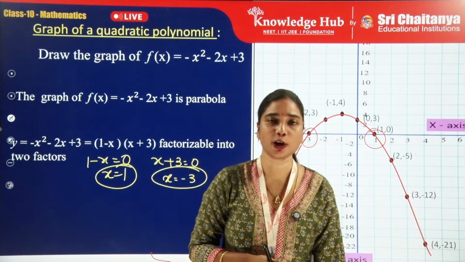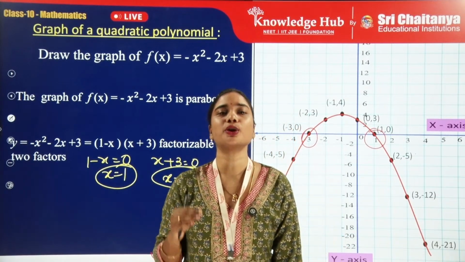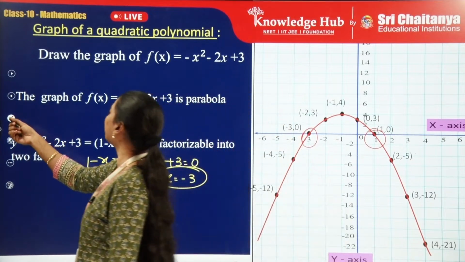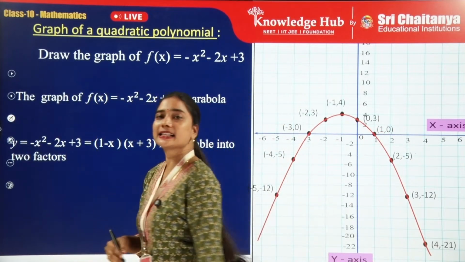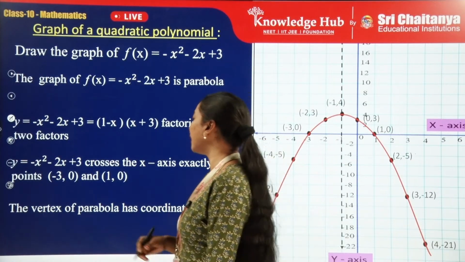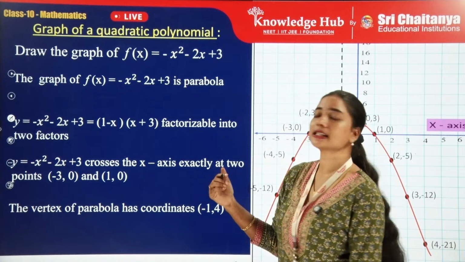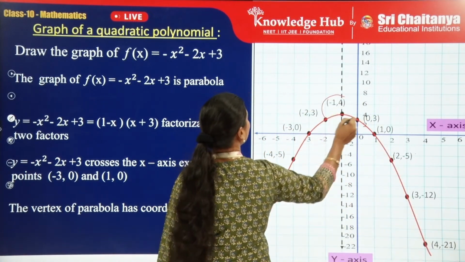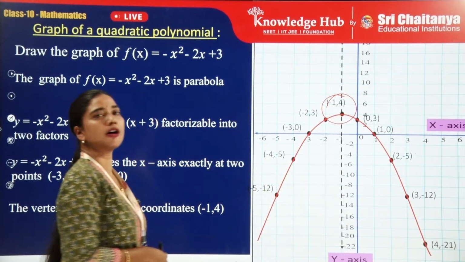As the given polynomial is factorized into two different linear factors, hence the parabola touches the x-axis at two different points. And here we have to check one more thing, the vertex of the parabola. Here the vertex of the parabola is at minus 1 comma 4.